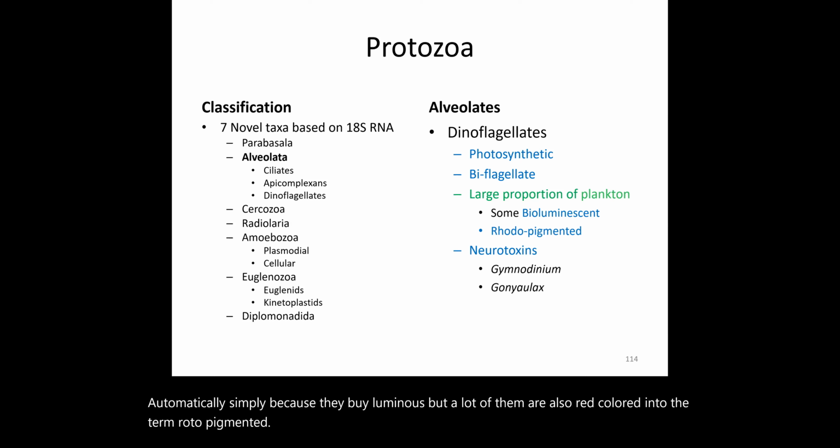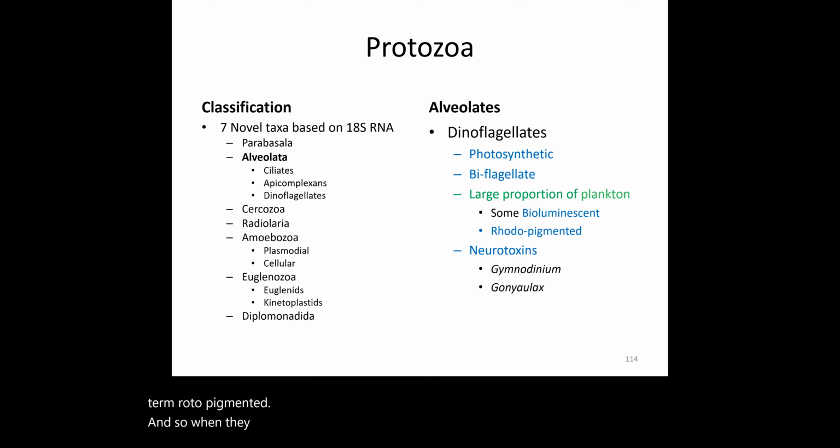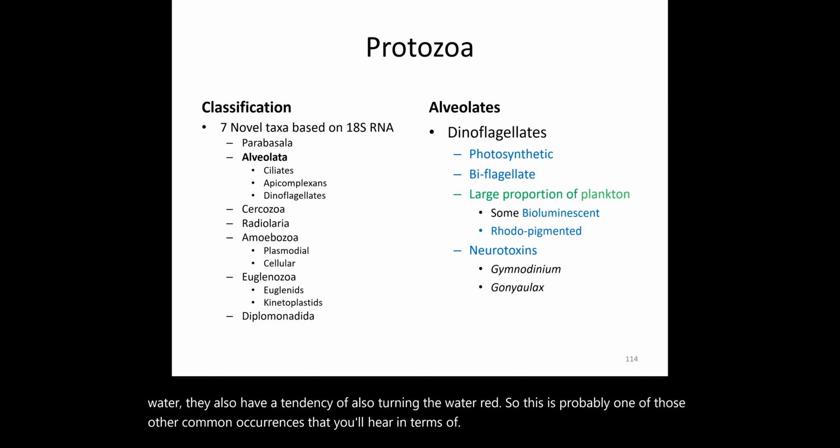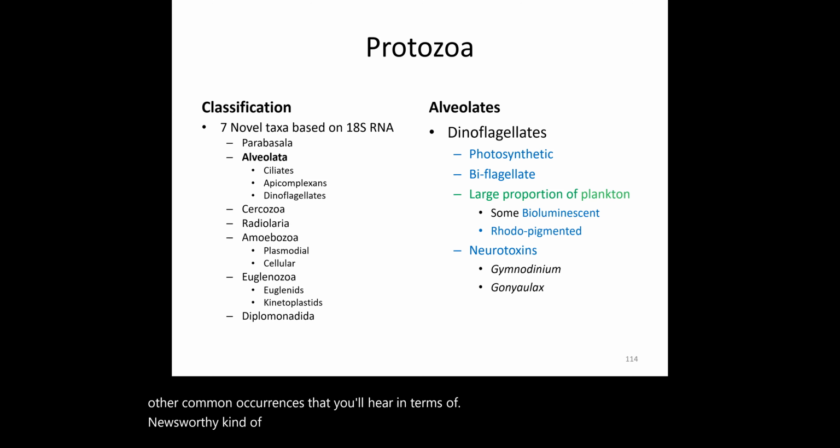And so when they grow in high amounts or in sufficient amounts in certain bodies of water, they also have a tendency of turning the water red. And so this is probably one of those other common occurrences that you'll hear in terms of newsworthy information, in which you'll hear that water for some reason turned into the color of blood. So that's where this guy comes into play.